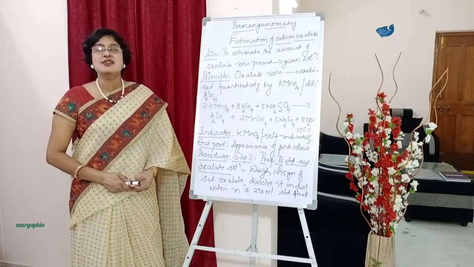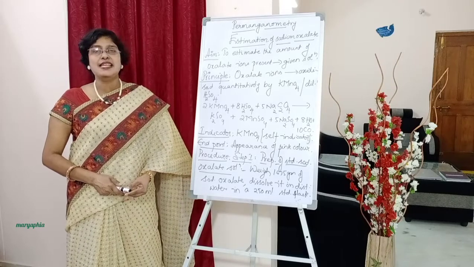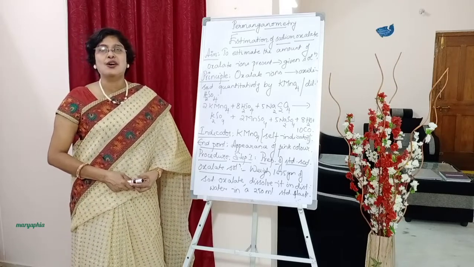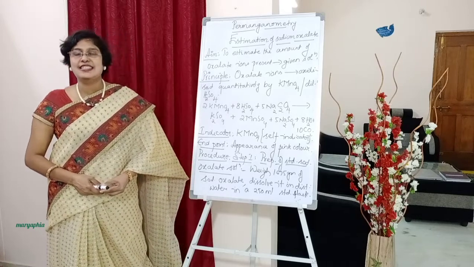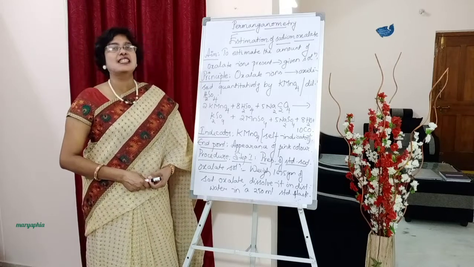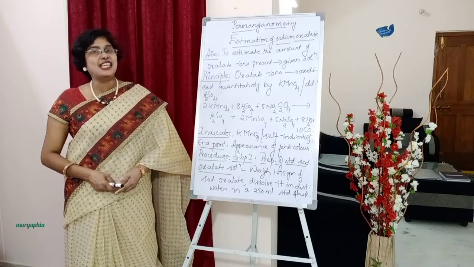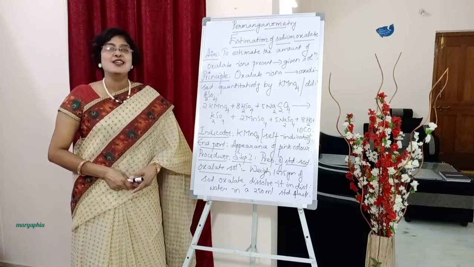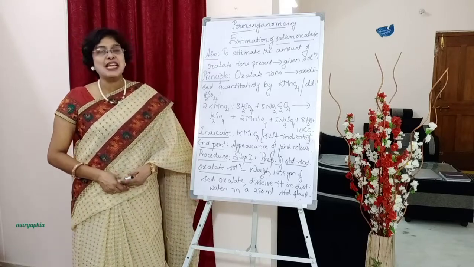Okay students, so under permanganometry, the experiment that we are going to learn is nothing but estimation of sodium oxalate. That means we are going to determine the amount of oxalate ions present in the given solution using potassium permanganate, whose formula is KMnO4.